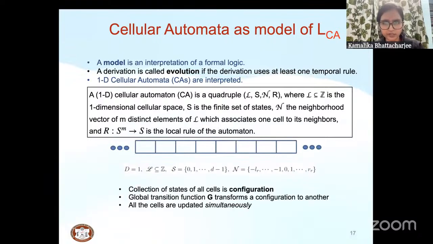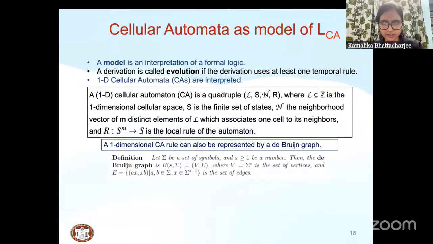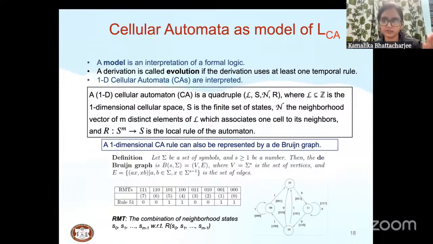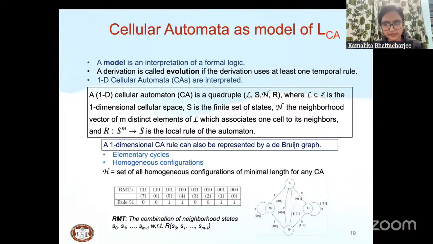I'll not go into the details of how a CA is represented. Any kind of CA can be represented by a de Bruijn graph also, and this de Bruijn graph is instrumental here to map the CA as the model of the logic. So we take the de Bruijn graph representation of the CA.